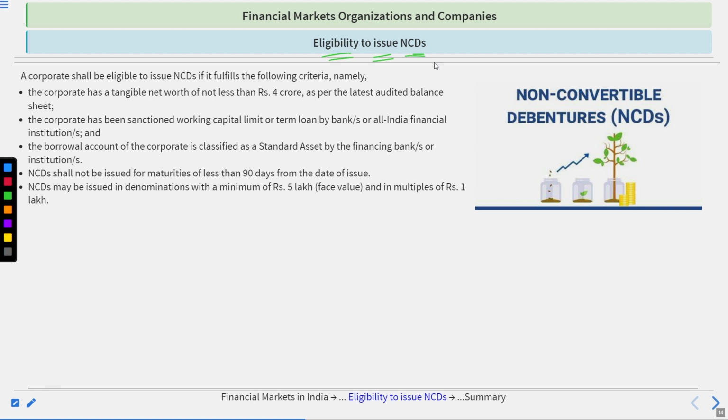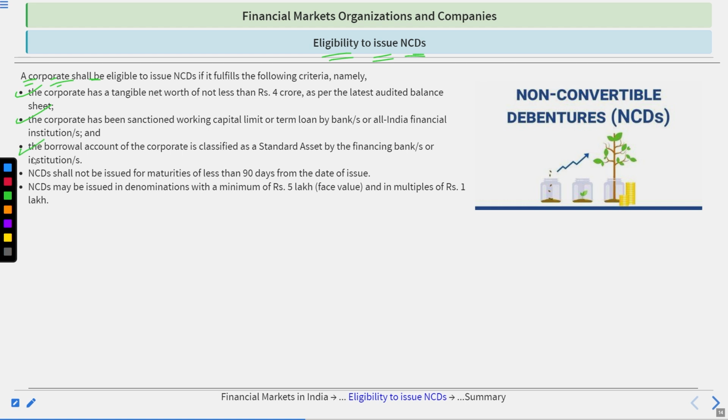Eligibility to issue NCDs, or non-convertible debentures. Non-convertible debentures are those debentures which cannot be converted into shares. A corporate shall be eligible to issue NCDs if it fulfills the following criteria. Namely, the corporate has a tangible net worth of less than 4 crores as per the latest audited balance sheet. Second, the corporate has been sanctioned a working capital limit or term loan by banks or all India financial institutions.